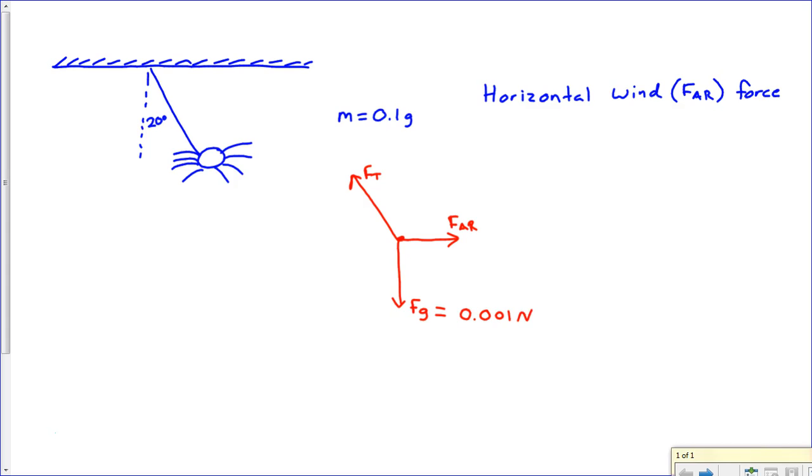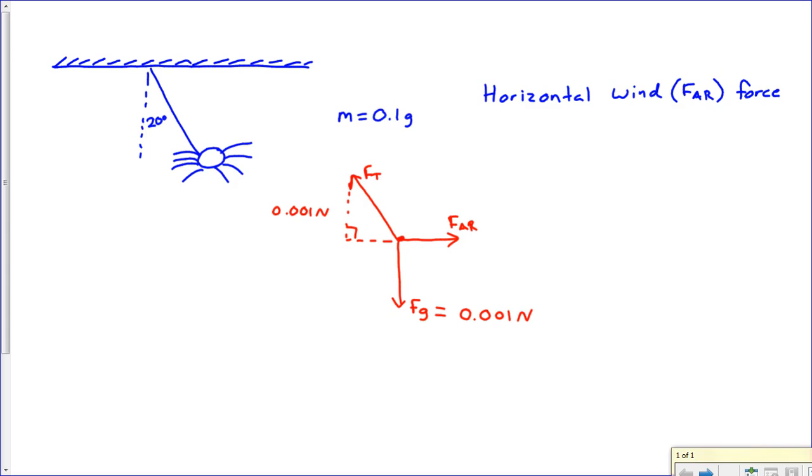Now it takes some thinking here, but what we know is that that's a downward force. The only upward force that exists to oppose that is this upward component of our tension force here. And so this is also equal to 0.001 newtons. And then you can do some trigonometry on this.